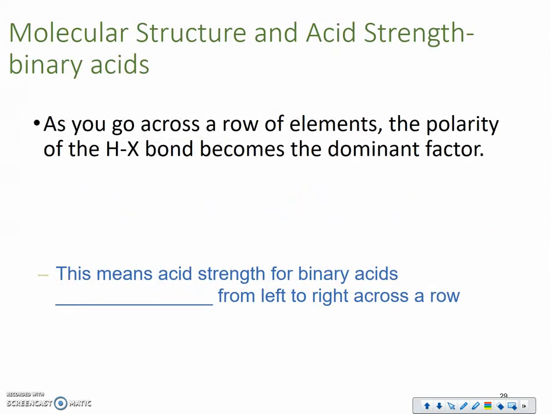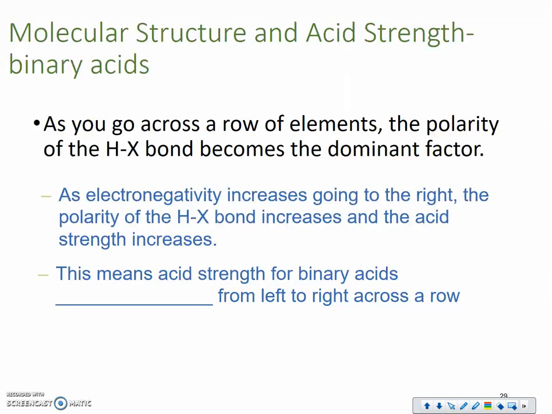If we look at elements across a row, what we care about more is the polarity because their sizes aren't that different. They are smaller, but not a huge difference. So electronegativity increases across, which means it's easier to remove that hydrogen, which means your acid strength increases. So as we go left to right, our acid strength also increases.